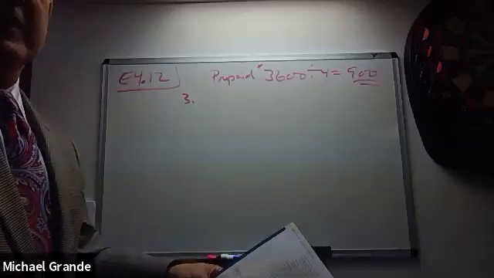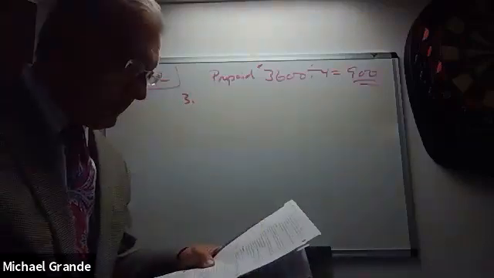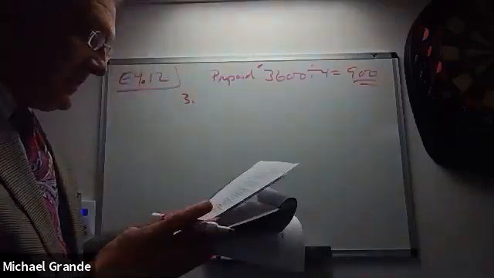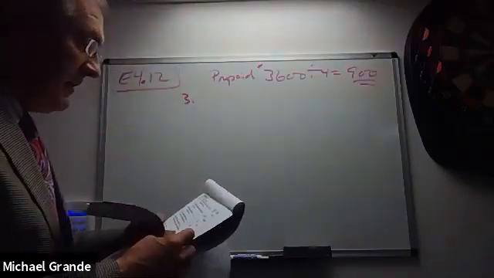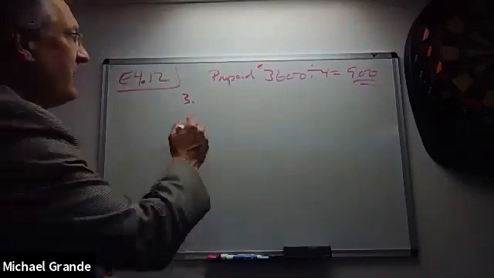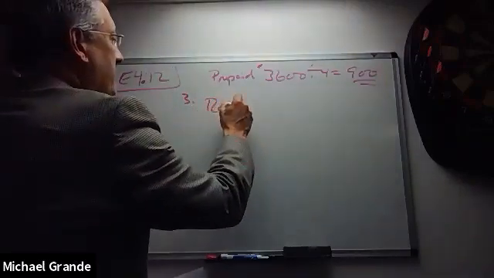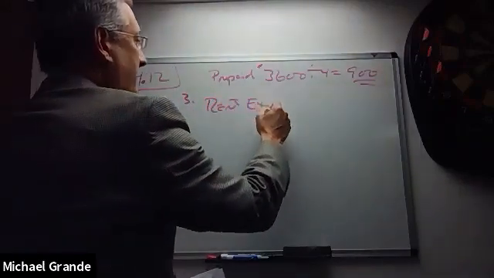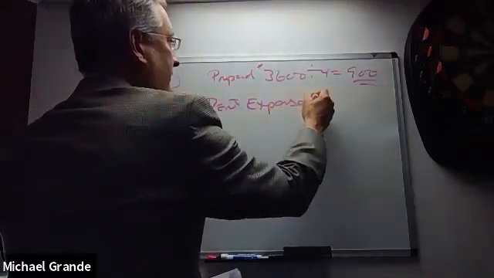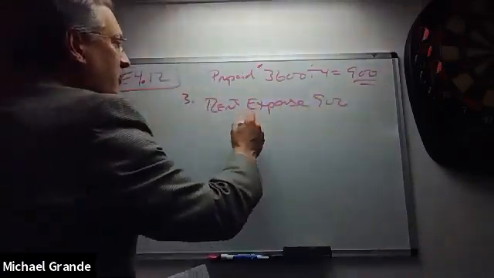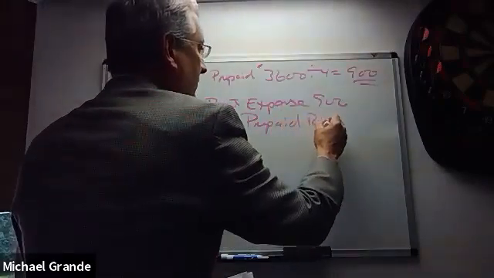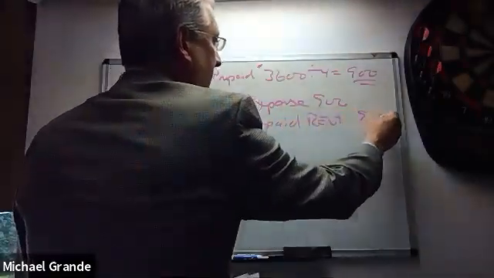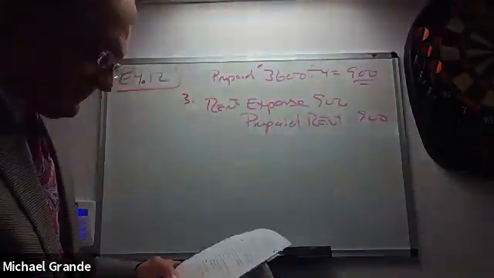The $3,600 represents 4 months, so it's $900 per month. And again, we're making adjusting journal entries for the 1 month ended July 31st. So we're going to have rent expense of $900, and we're going to credit the prepaid rent asset for $900.